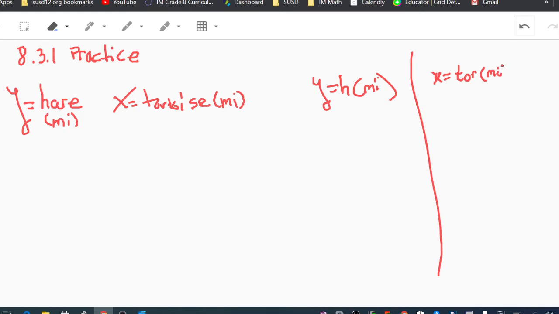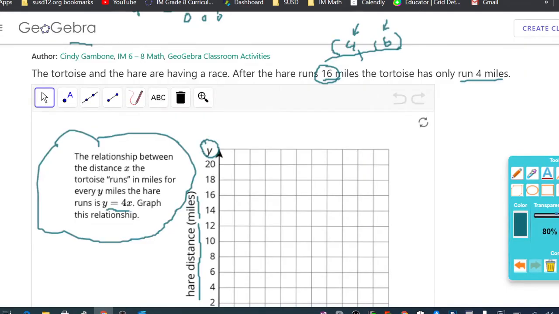I'll abbreviate miles with mi. They told us that when the hare had run 16 miles, the tortoise had run 4 miles. It says runs. 16 miles for the hare, 4 miles for the tortoise.